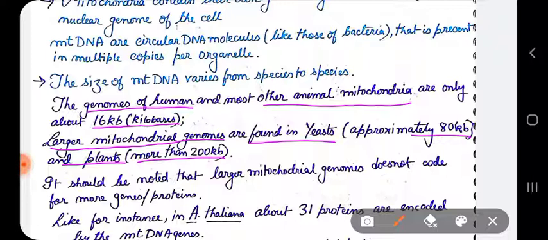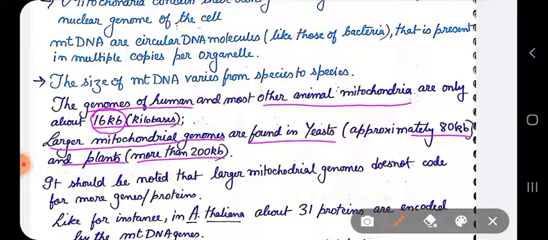So it's not that higher organisms will have a great amount of mitochondrial DNA and lower organisms a small amount. That's not the thing. Yeast has a large mitochondrial genome, about 80 kb, plants have more than 200 kb, whereas mammals like human and other animals have mitochondrial DNA of only about 16 kb.